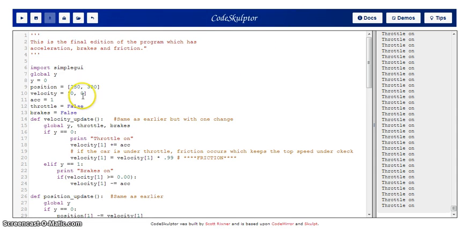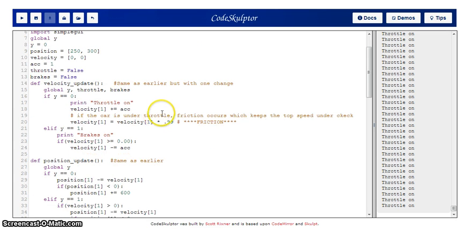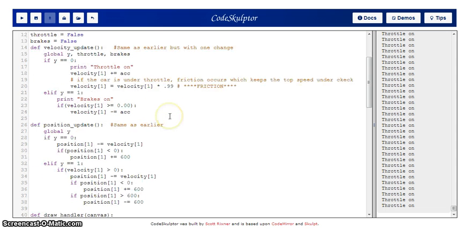So with that, we have a look at the code. The code is again a modification of the previous code, but we have a very important statement over here which says velocity equal to velocity into a small fraction. Now this is friction. This statement over here, when throttle is on, is responsible for capping the velocity of the body, and thus the concept of top speed of the car comes from here.